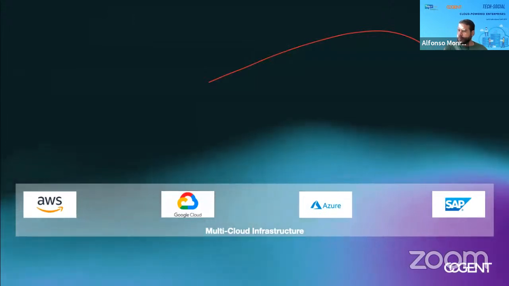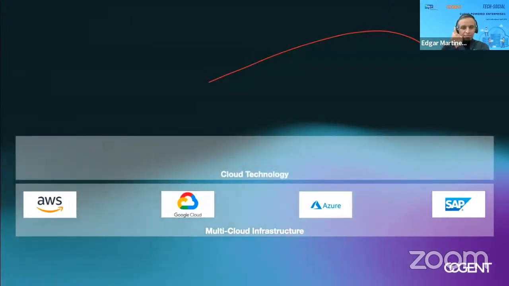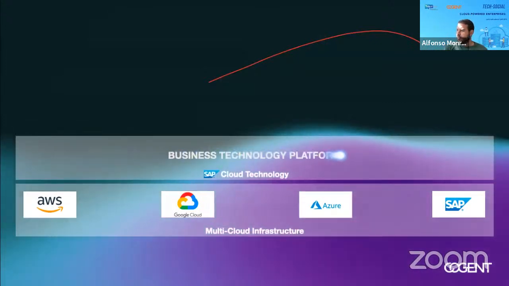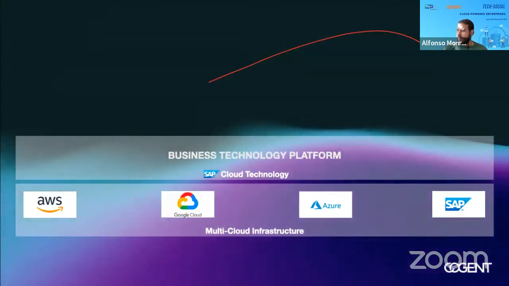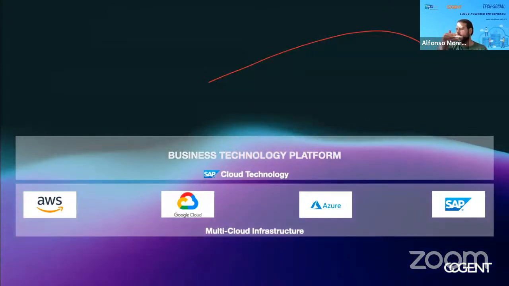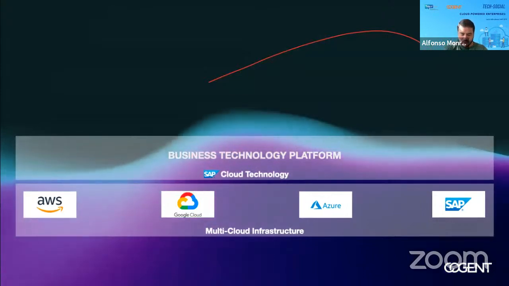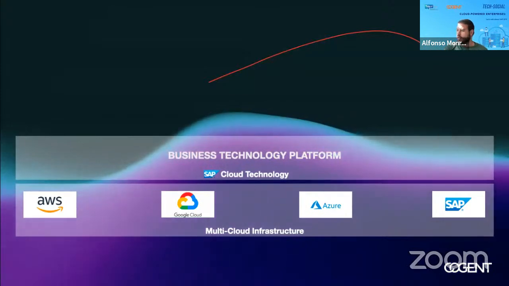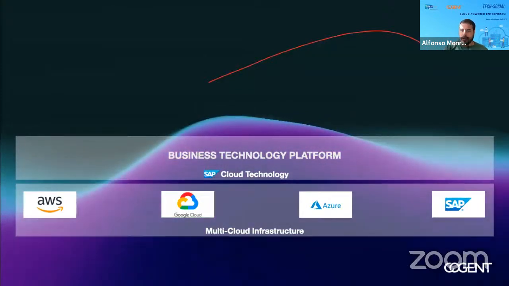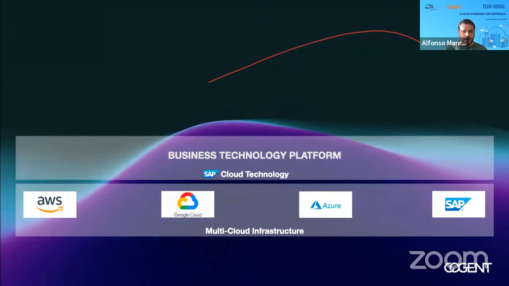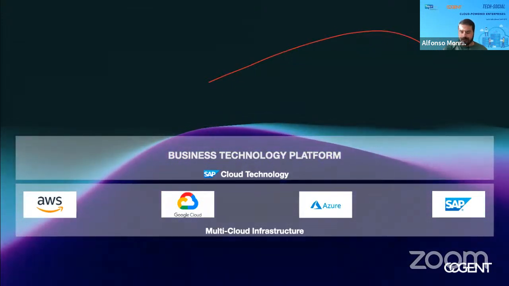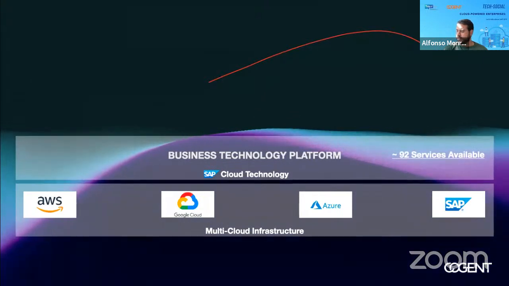Then we have the cloud technology that obviously is provided by SAP, and here is where we have the platform. So we have the infrastructure, then we have the platform where all the services, tools, frameworks, and everything are running over this infrastructure. In BTP, we have about 92 different services available.